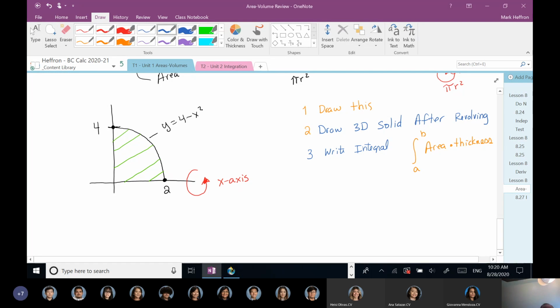If we revolve, then this entire curve swings around, and I have a series of circles, again with thickness dx. Okay.